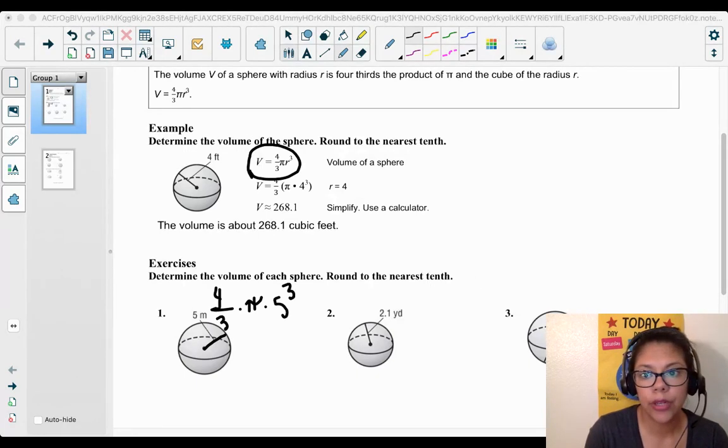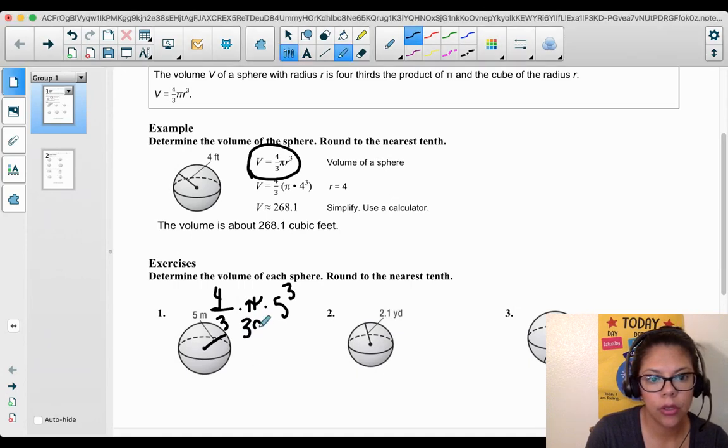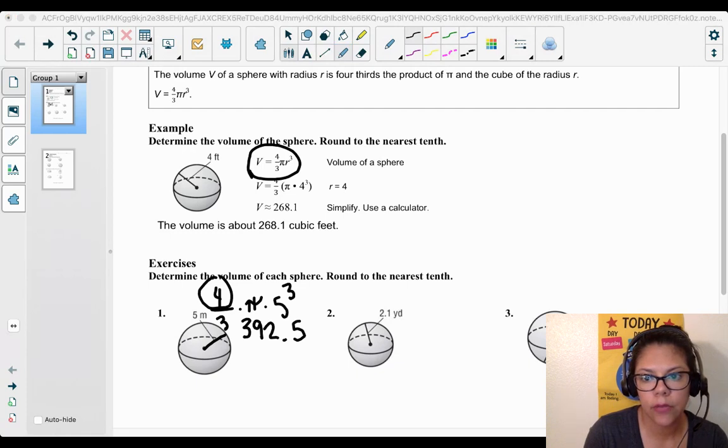So we have 392.5. But that could be the same thing as multiplying that number times 4. We're going to go back to our calculator, times 4.